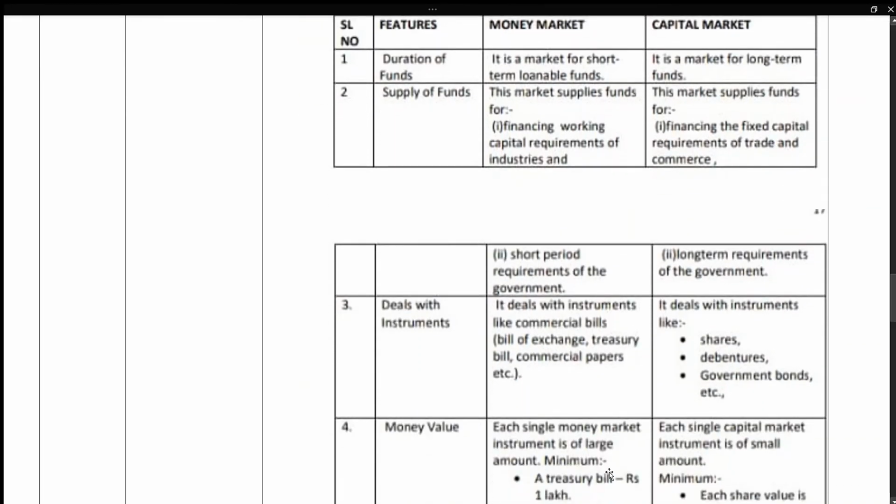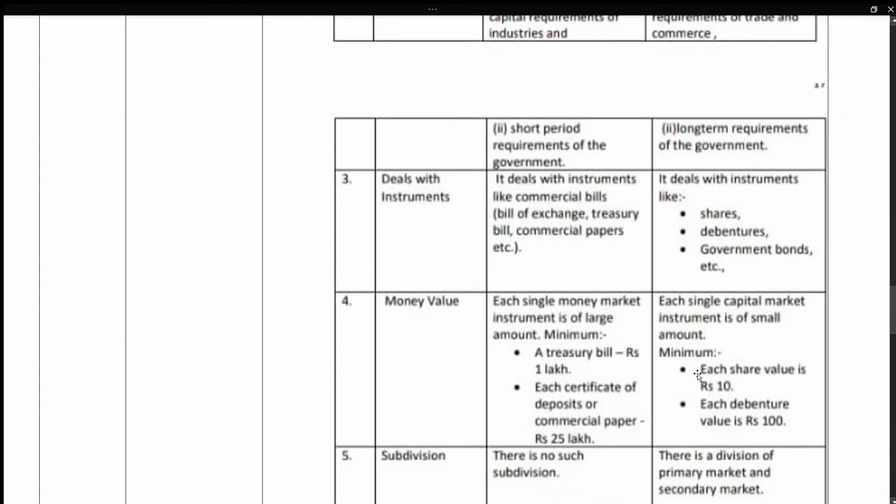It deals with instruments like commercial bills, treasury bills, commercial paper, like that. And here the instruments that are dealt in capital market are shares, debentures, government bonds, etc. Here the money value of a single instrument is a large amount minimum.